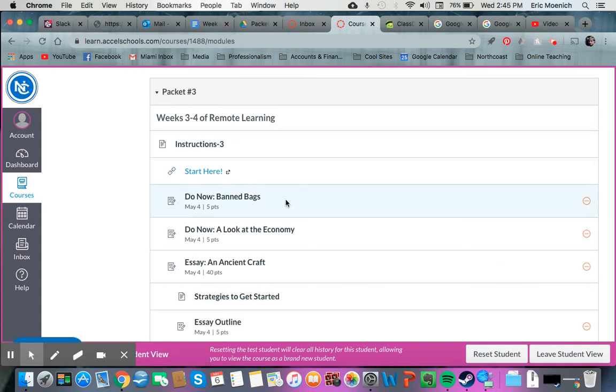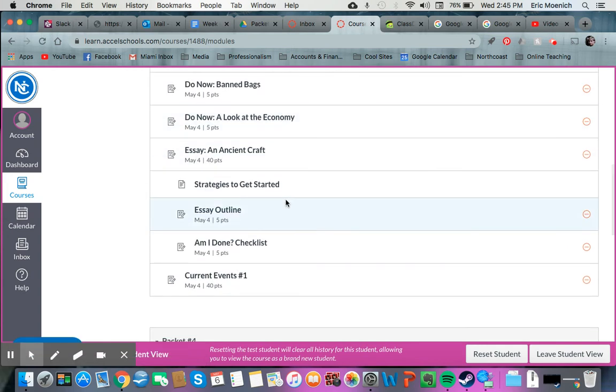I've been teaching you guys about this for a long time now, so you shouldn't need that much help on that. As far as the outline and the checklist go, I'm not going to go over those because you've seen them before, but those are two things to just go through and check and make sure that you did your essay outline, and then go ahead and just submit a picture of that, or say yes, I did go ahead and do that, right?